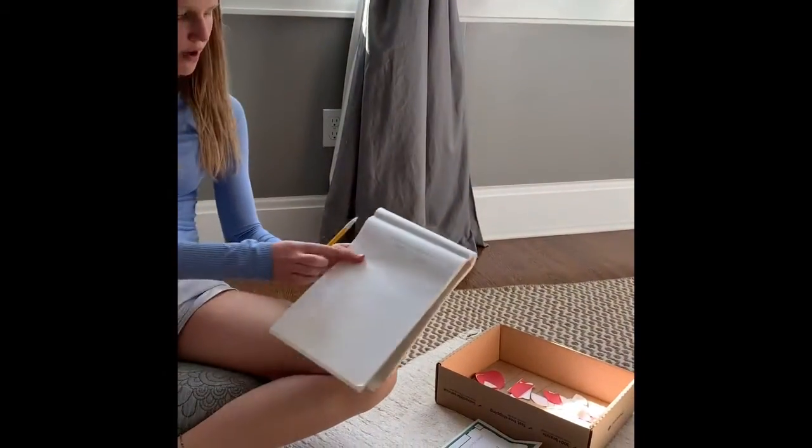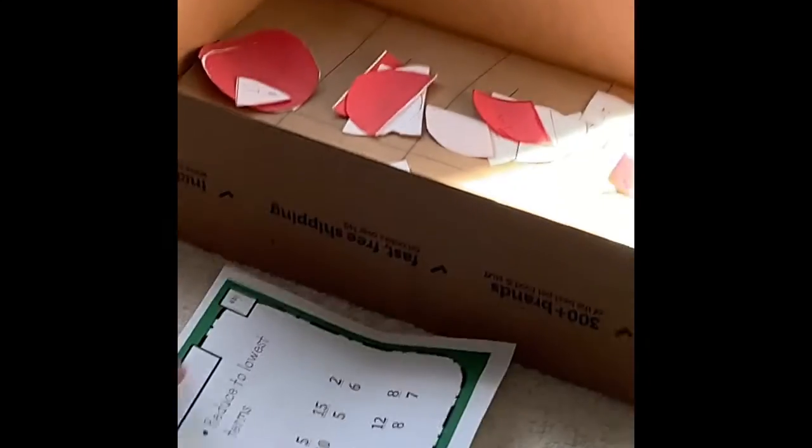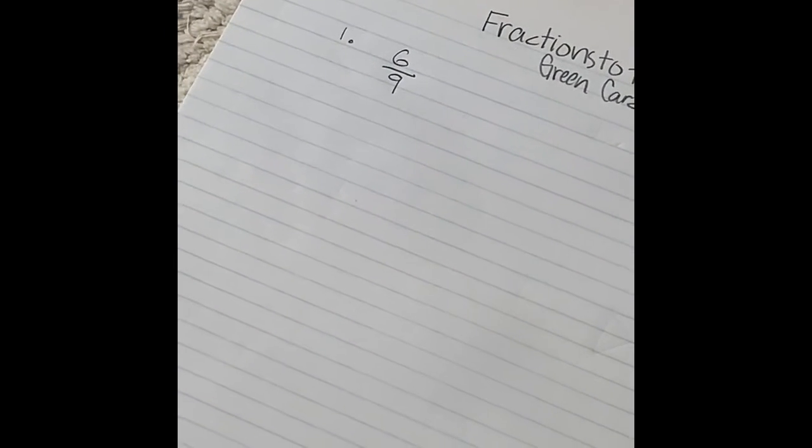So I have written my name and I've written the title and the date, and we're going to start by doing 6/9. So on my paper, I'm going to write 1 and then 6/9. So what I'm trying to find is a number that goes into both 6 and 9. I'm trying to find the biggest number that goes into 6 and 9.